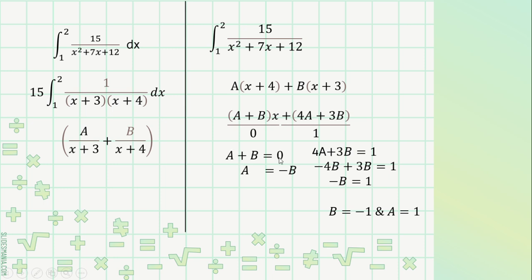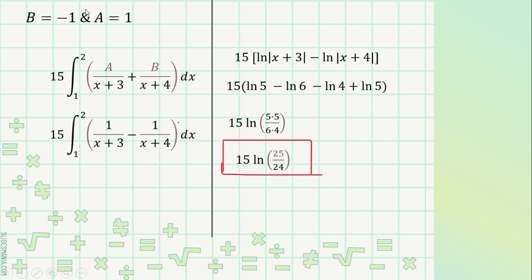We know that b is minus 1, so a minus 1 is equal to 0, and moving the minus 1 to the right side, a will be 1.